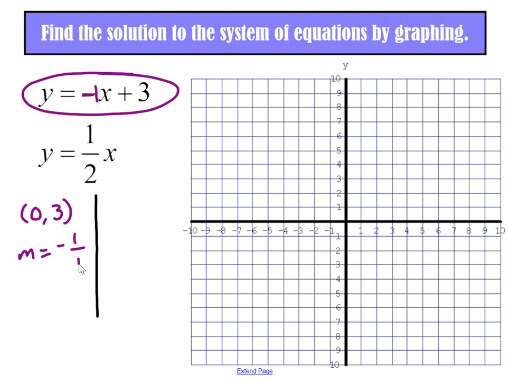So I start at 3, and the -1 tells me to go down 1 over 1. I'm just going to continue that pattern all the way till I run out of space. Do the same thing backwards. Make a nice straight line.